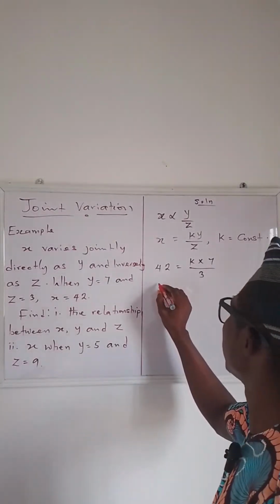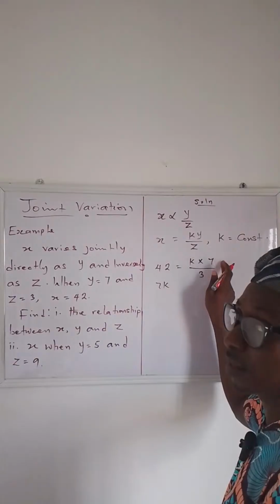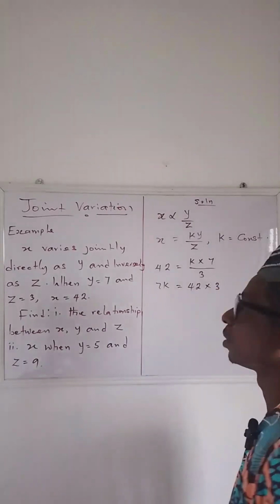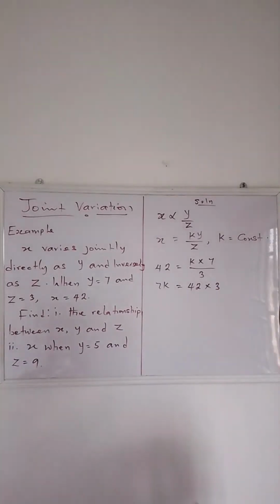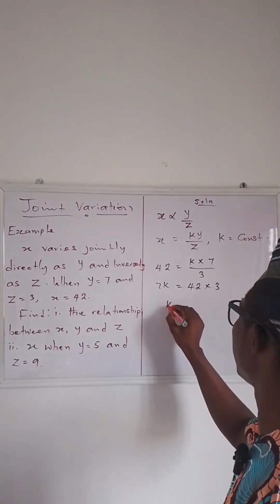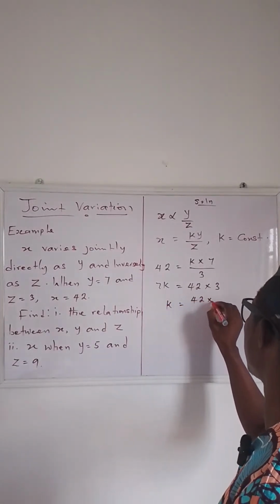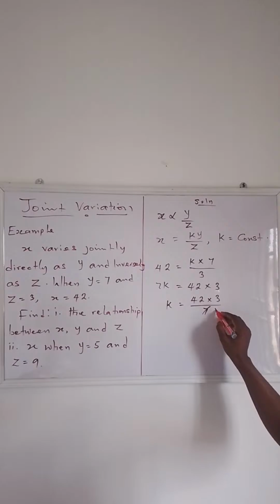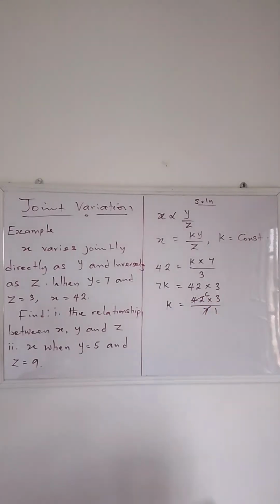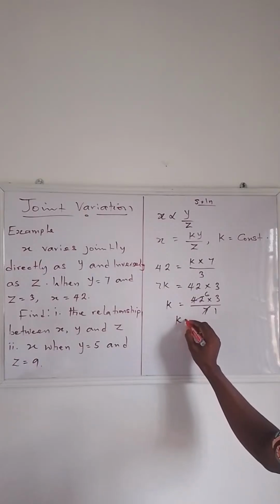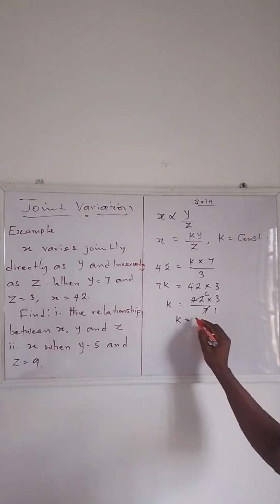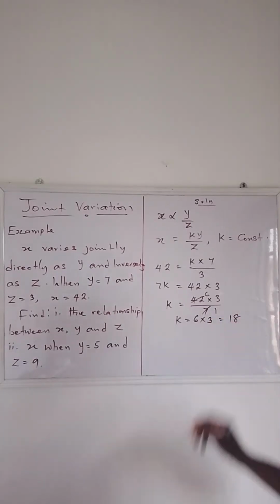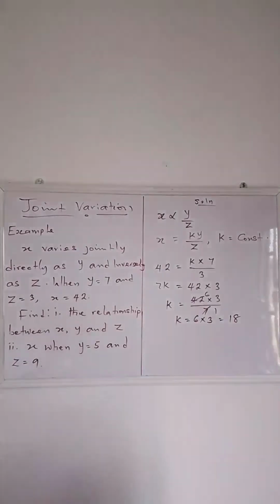So you have 7K equals 42 times 3. So K equals 42 times 3 over 7. 7 goes into 7 once, and 7 goes into 42 six times. So K equals 6 times 3, which is 18. So this is the proportionality constant, 18.